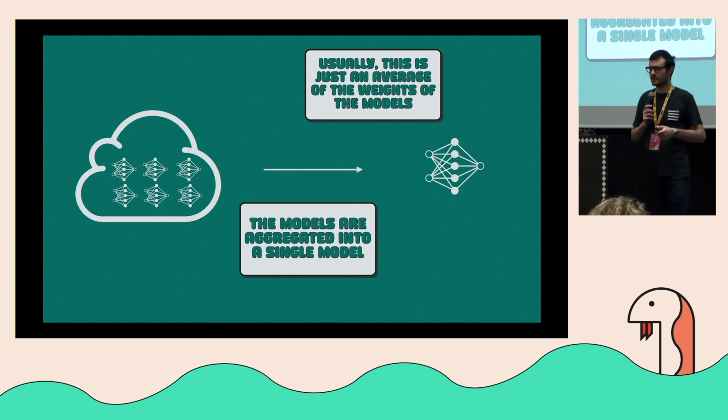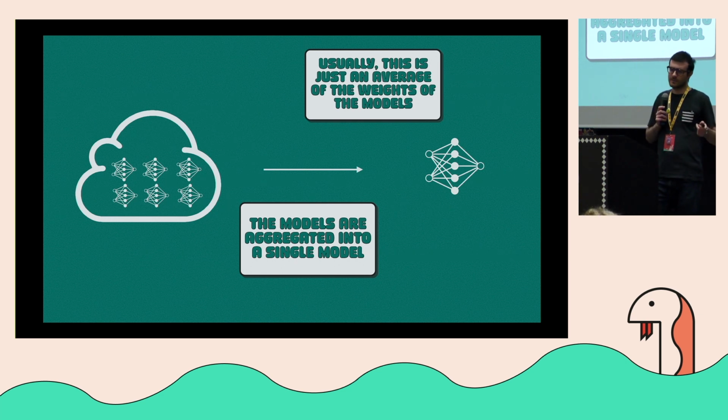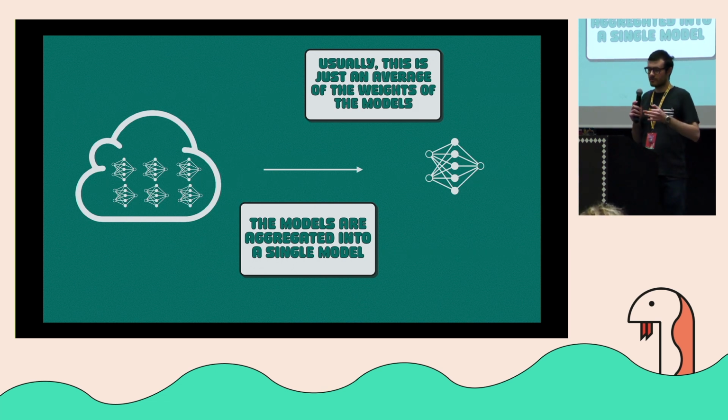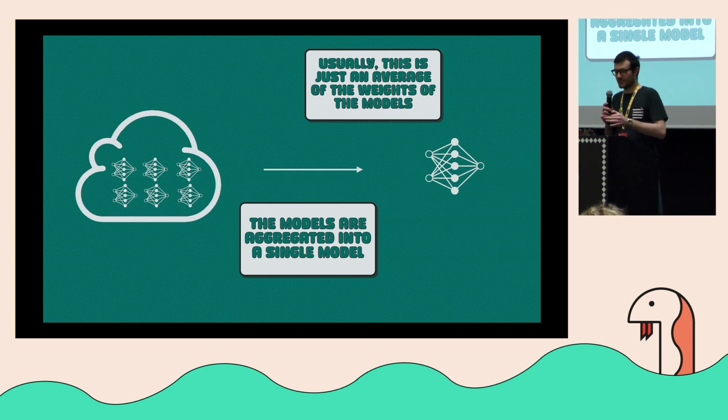There are some other strategies that you can adopt. Some, for instance, take into account the fact that some clients could be slower than others, but these are tailored for specific scenarios. In general, you just do the average of the weights.